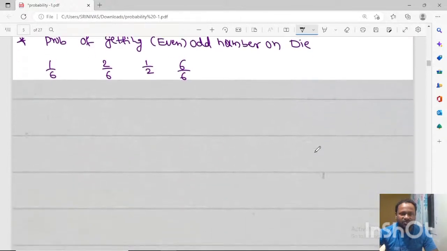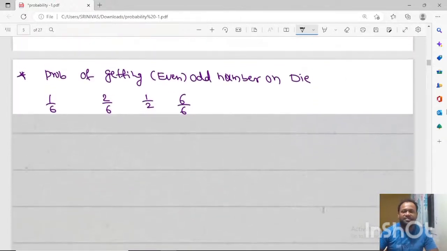Next, one more question. What is the probability of getting even or odd numbers on a die? My favorable is even numbers, or we can take odd numbers.